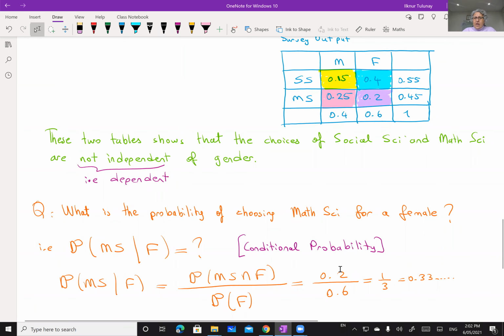This is what we have here. And the probability of F is this 60%, that is 0.6, that's there. And then we get the number 1/3, that is 0.3333.